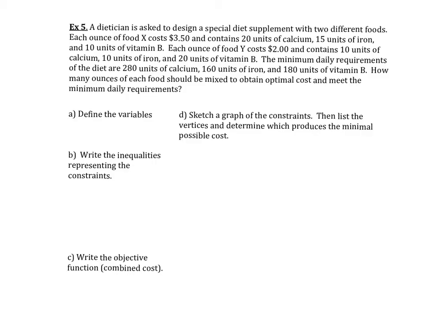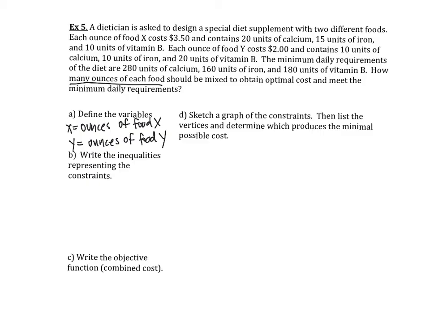What's it asking for? It's asking me how many ounces of each food. So X is going to be the ounces of, what's the food? Oh, food X. Now that's easy. Y will be the ounces of food Y. Okay, write the inequalities representing the constraints, and I am going to assume X and Y are greater than or equal to 0, without writing it out explicitly.